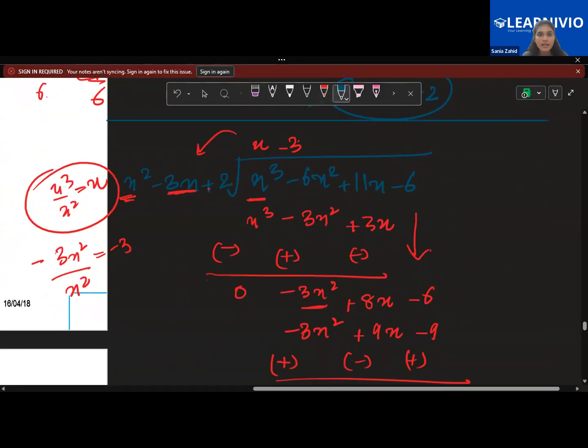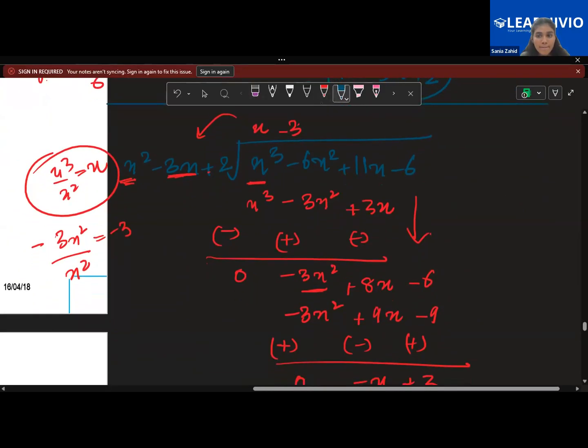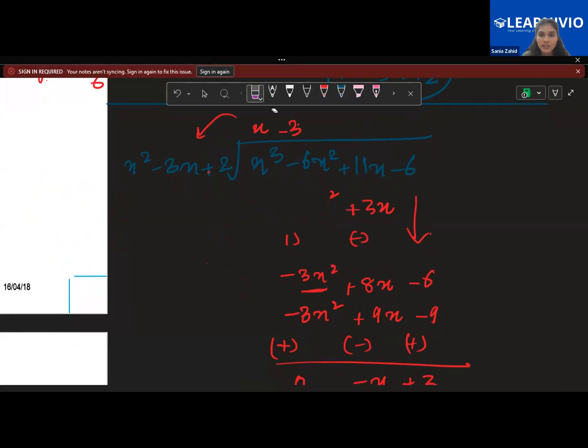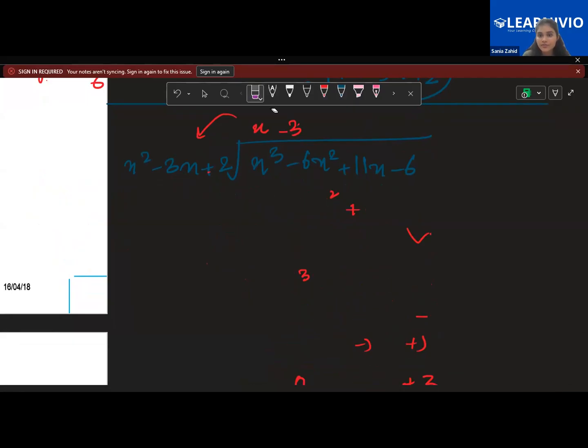Okay? And now my entire thing will change. See, this part I will get x minus 3 only, but wait. I'll teach you again. Look here. X cube divided by x square gives you x. So you get x cube minus 3x square plus 2x.